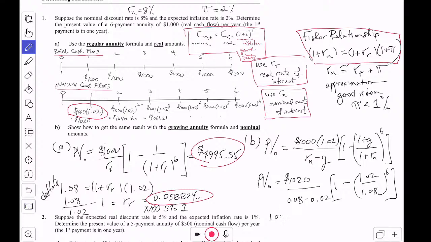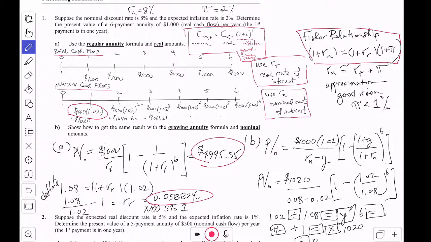So 1.02 divided by 1.08 equals to the power of 6 equals, change the sign, plus 1 equals, multiply 1,020 and then divide by 0.06 equals.